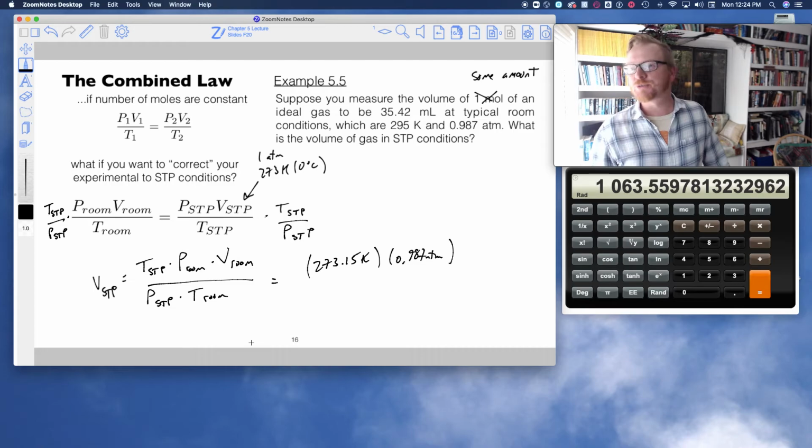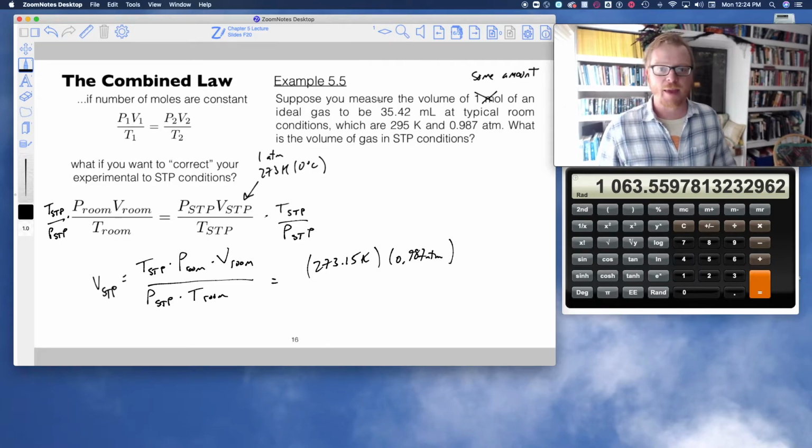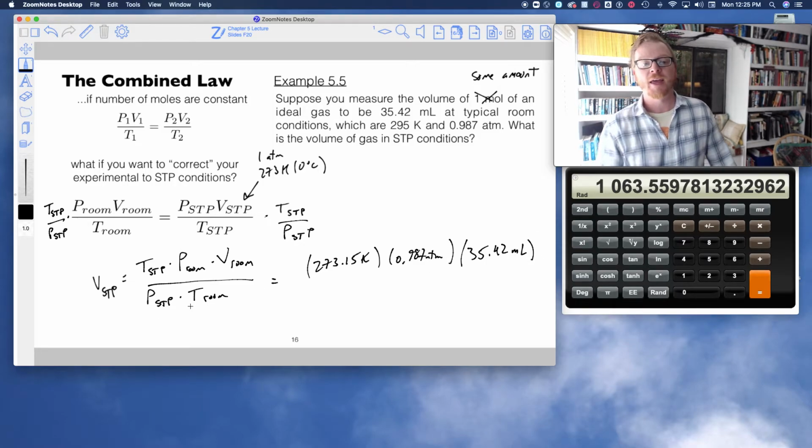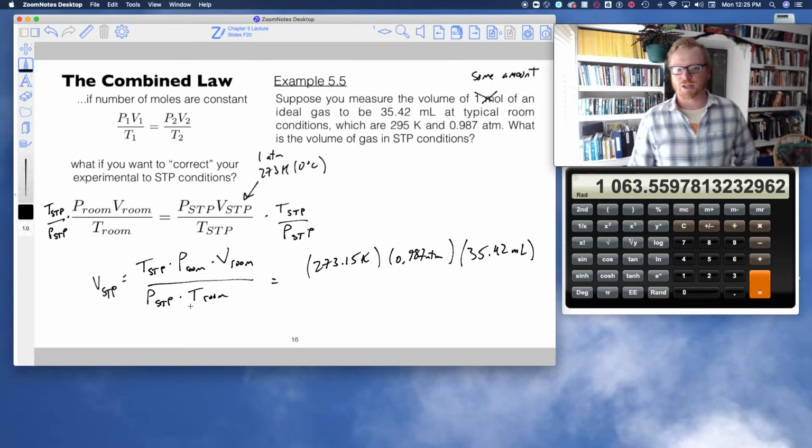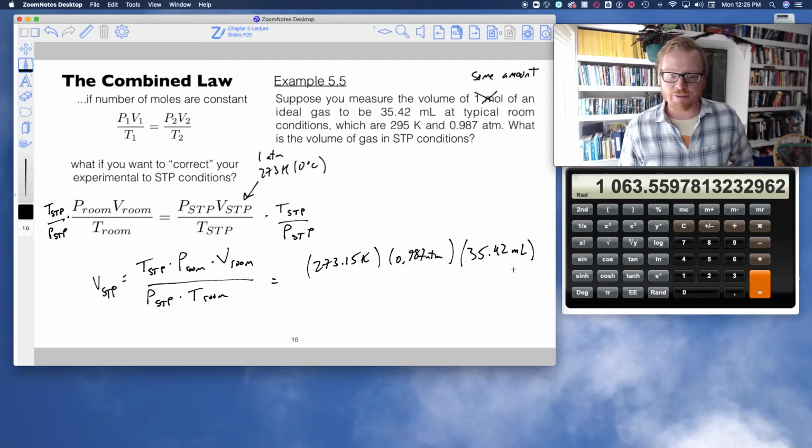So that's why this is useful to be able to correct to what the actual standard temperature pressure condition is. Okay? And then they measure the volume to be 35.42 milliliters. And this is a situation where I can just leave it in milliliters because I don't have the ideal gas constant in this equation. So I can leave it in milliliters, and the answer is going to be in milliliters.